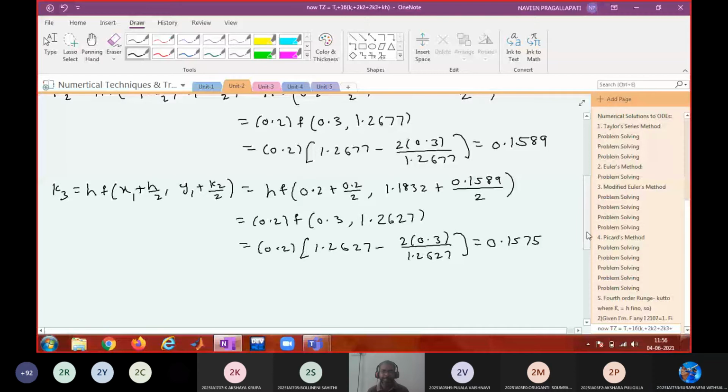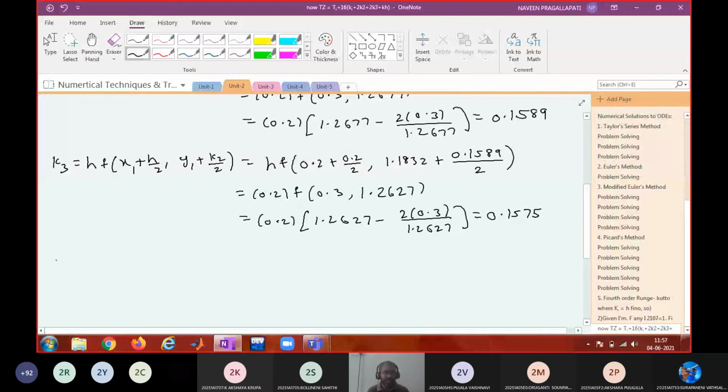Okay, finally k4 is h into f of x1 plus h, y1 plus k3.